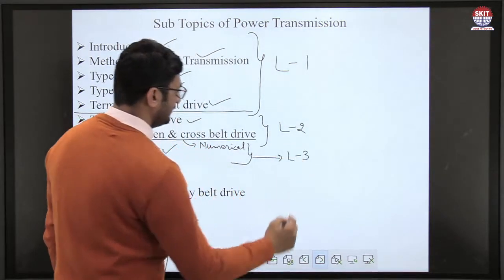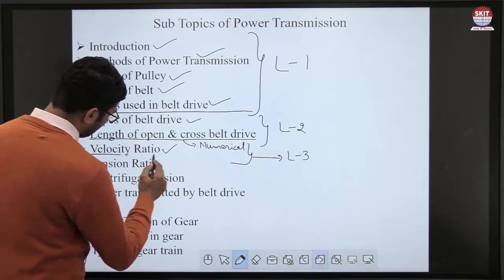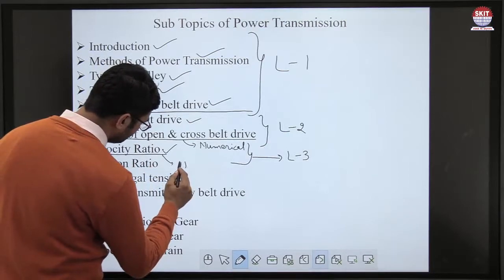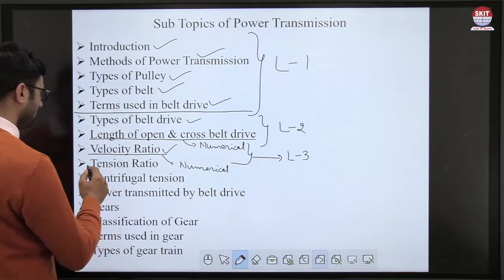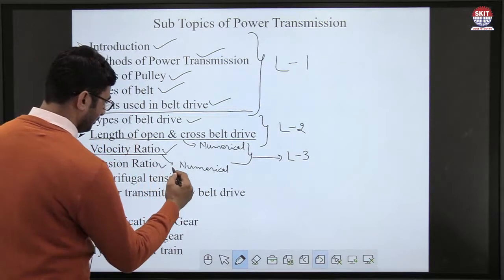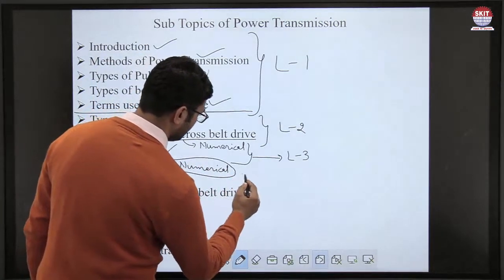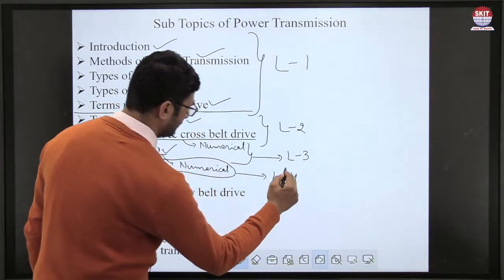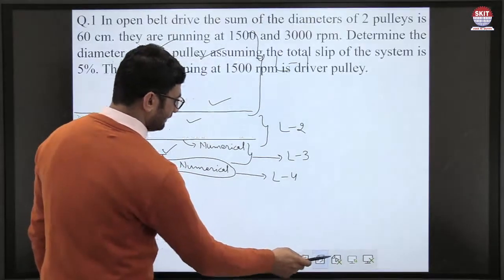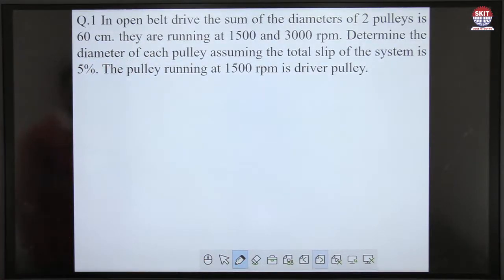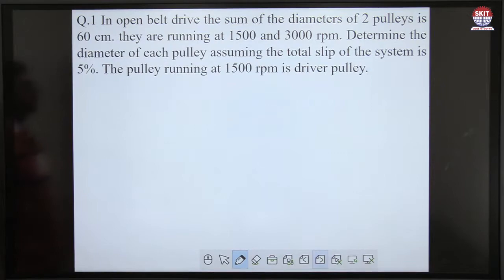In today's lecture, we do the numerical on velocity ratio and cover the tension ratio. In the last lecture, we derived the velocity ratio formula, and this is the numerical based on that formula.